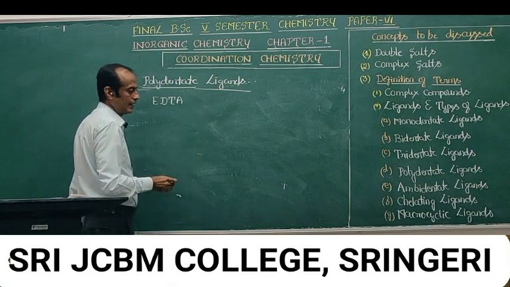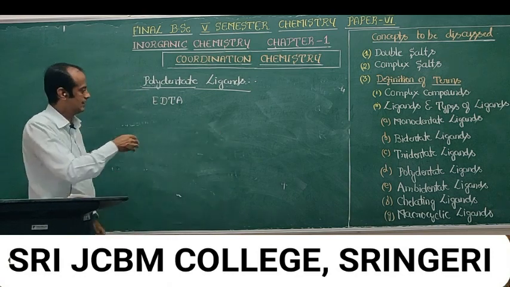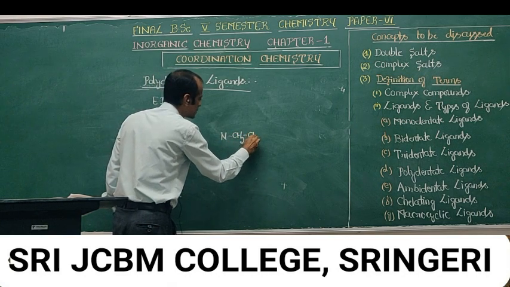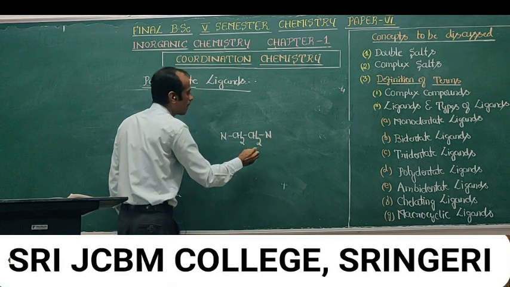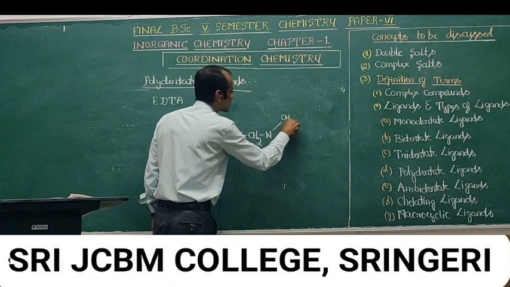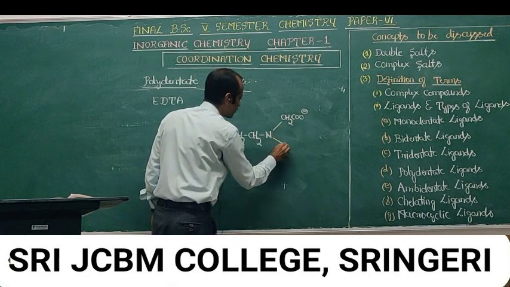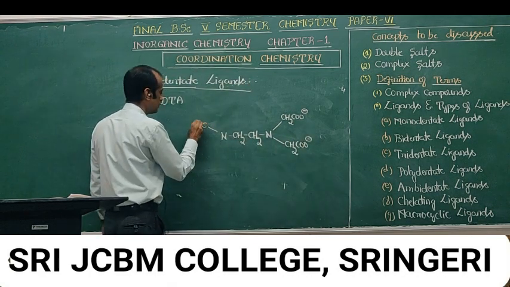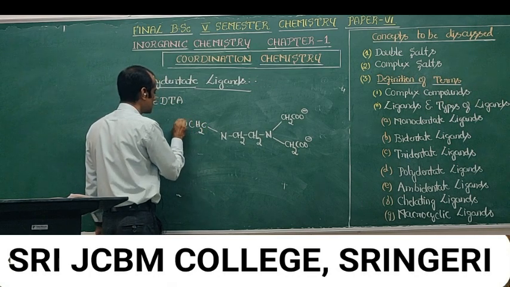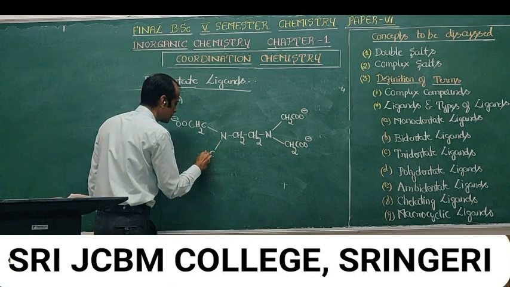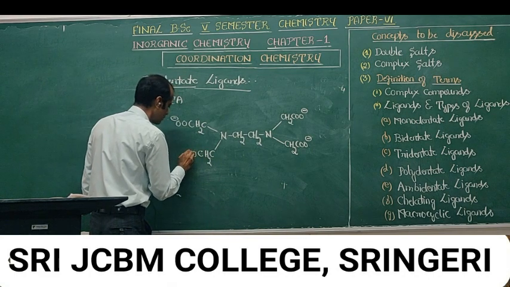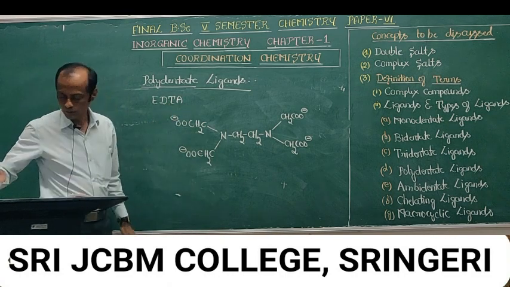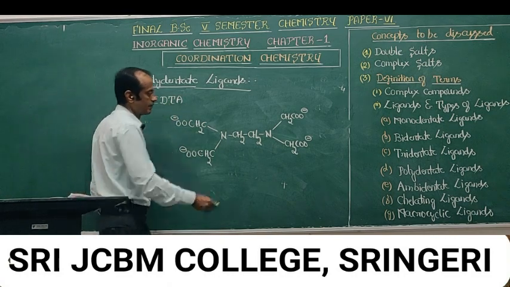First I will write its structure, then you can identify the donor atoms. N, CH2, CH2, N, CH2COO minus. So this is the ethylene diamine tetraacetate ion. Let us consider the donor atoms.